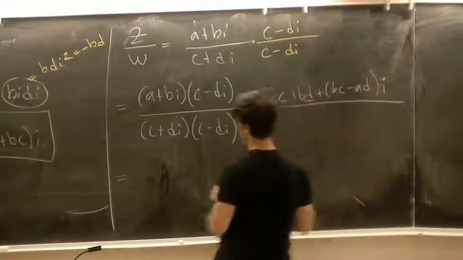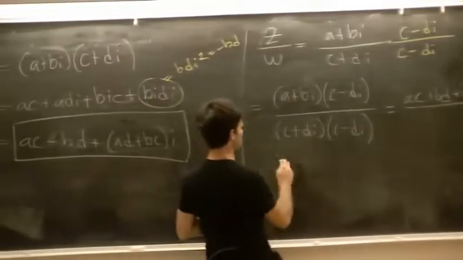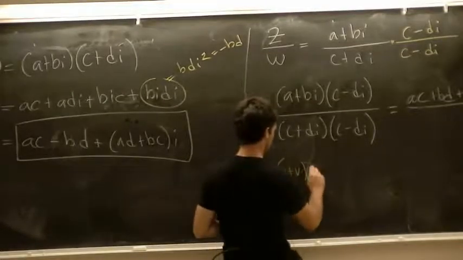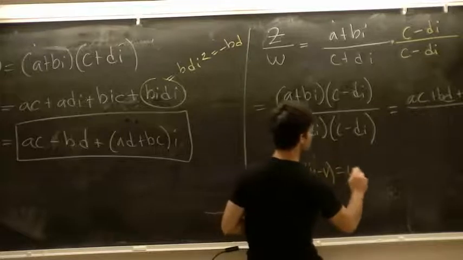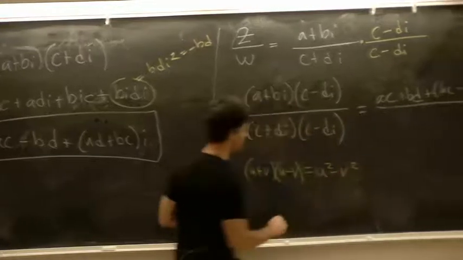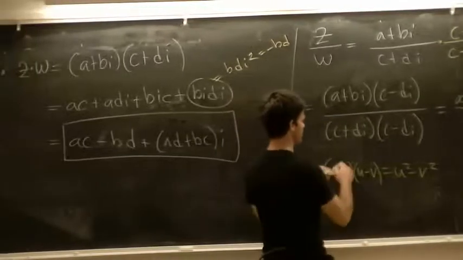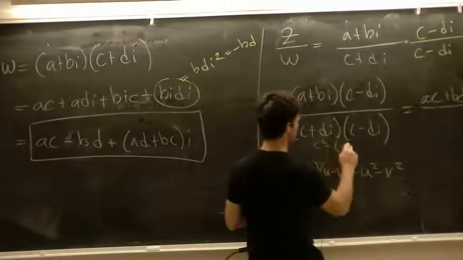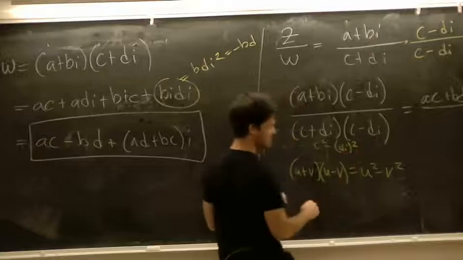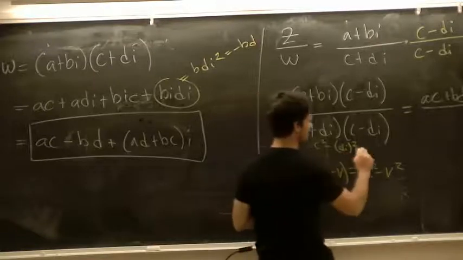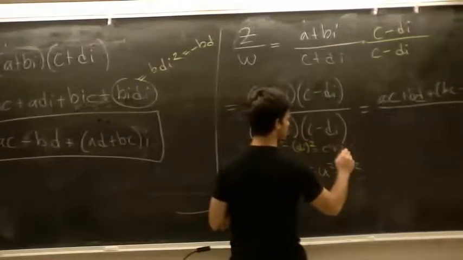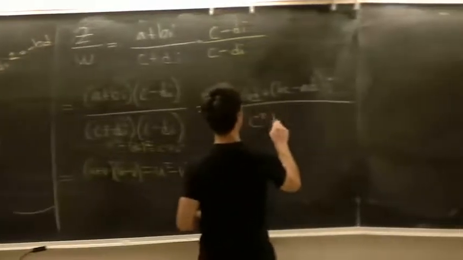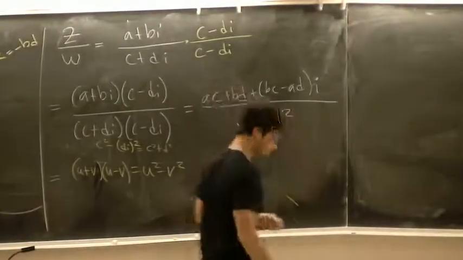But on the bottom, recall the formula that says that (u plus v) times (u minus v) is u squared minus v squared. So I'm going to get c squared minus (di) squared. But that's the same as c squared plus d squared. So I get c squared plus d squared on the bottom.